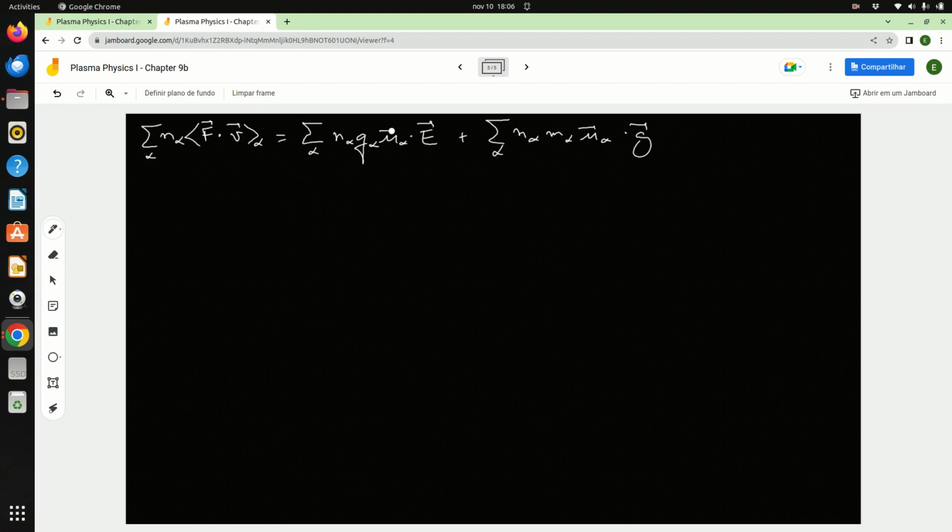Well, by definition, this is the current density times the electric field, and this is the mass current density, which was denoted by Jm in the previous video. So this is G. Okay, 4.7.